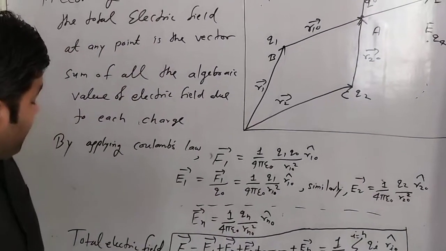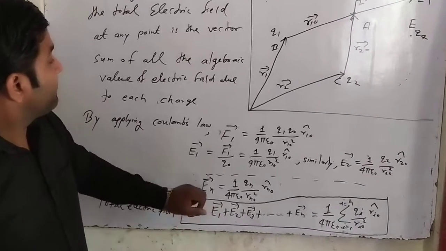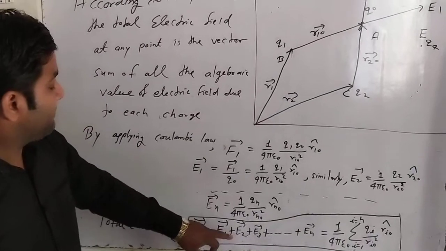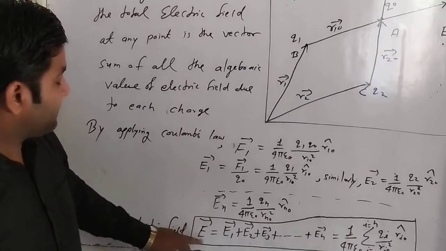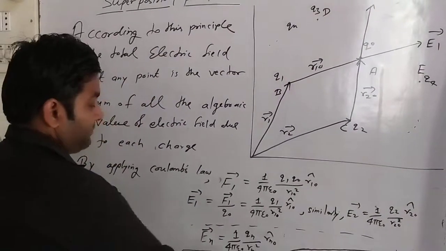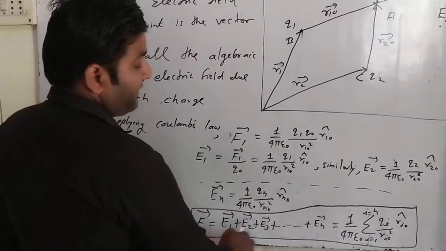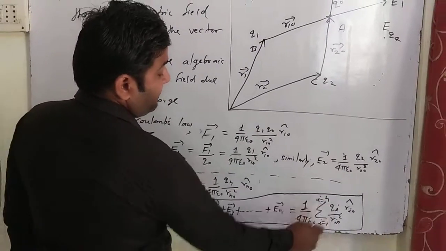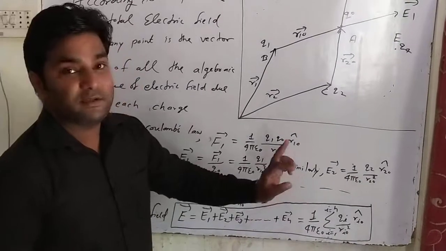Then by adding, just like an algebraic sum, when the algebraic values are added up, what does it give? The total electric field at point A, and when all these values are put together, we obtain the total electric field. This is the shortest way in which the total force or total electric field can be represented.